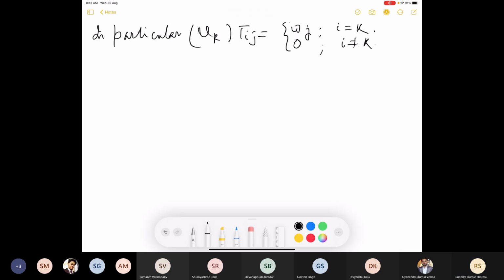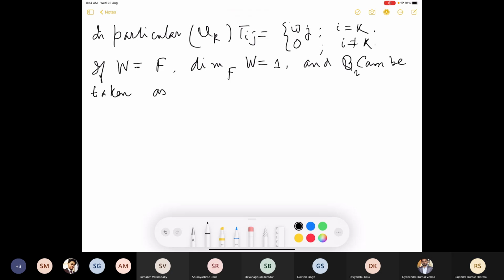Now you can see that if W is equal to F, then the dimension of this is 1, and B2 can be taken as any set consisting of just one element, any singleton set, say alpha, where alpha is in F and is not 0.